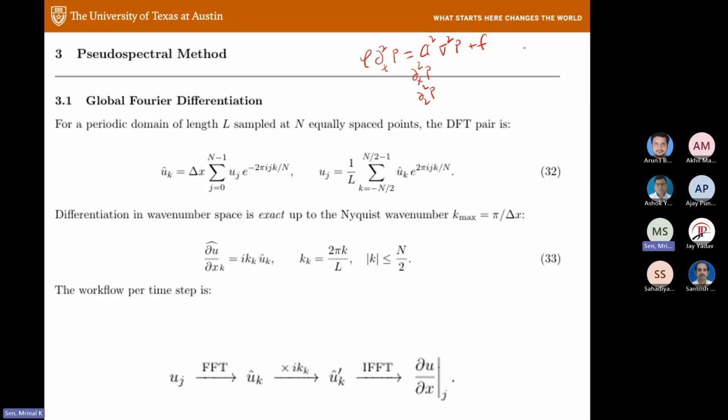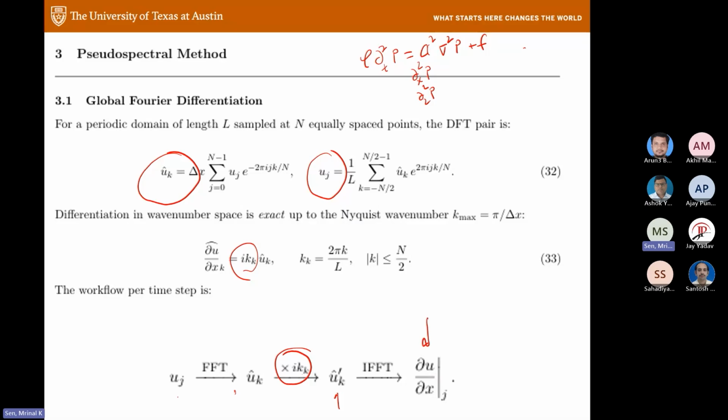I can take a discrete Fourier transform with respect to the x and y coordinates. This gives us i kx, so the derivative can be computed by doing an FFT and multiplying by i kx, then taking an inverse Fourier transform.